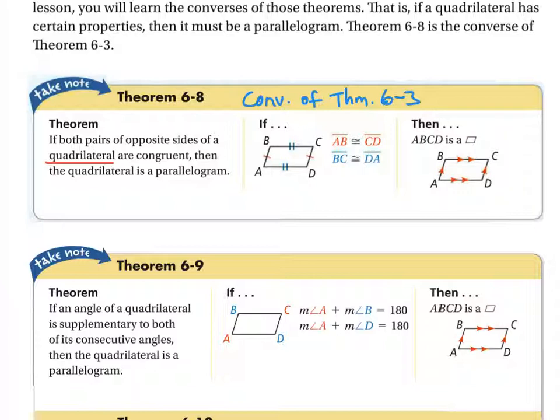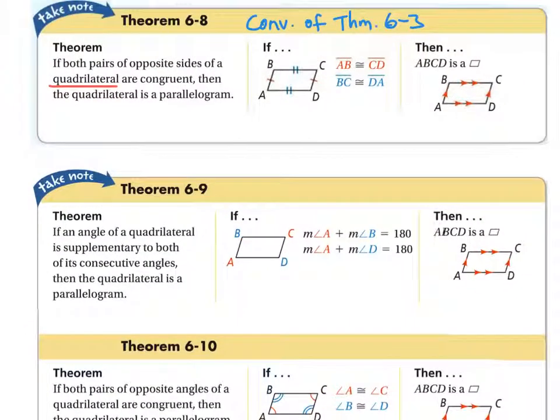All right, taking a look at 6-9. Theorem 6-9 says if an angle of a quadrilateral is supplementary to both of its consecutive angles, then the quadrilateral is a parallelogram. This isn't quite the converse, but it's awfully close to the converse of Theorem 6-4.